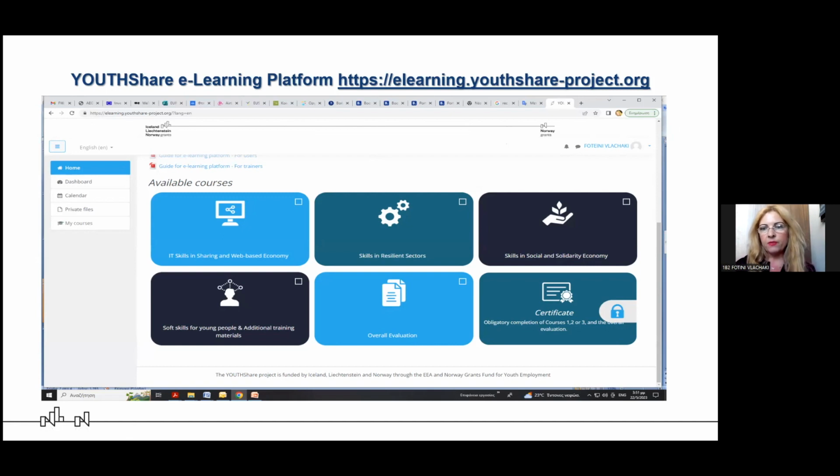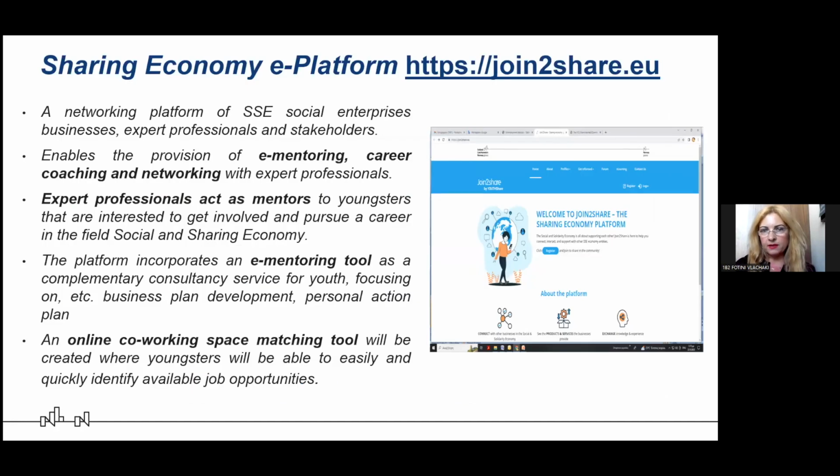This is a very important tool that guidance practitioners can use, so they can implement different kinds of activities to engage students. And you can see here the different parts in the learning platform.